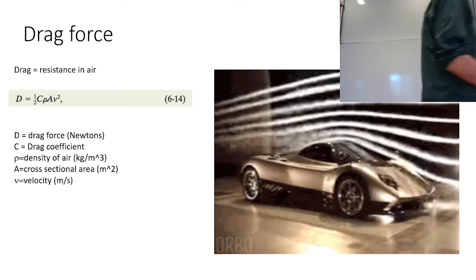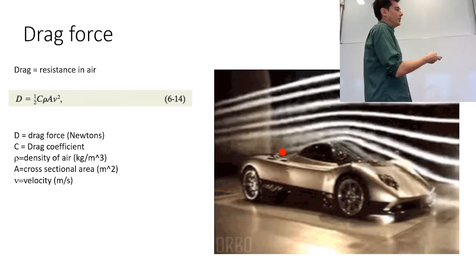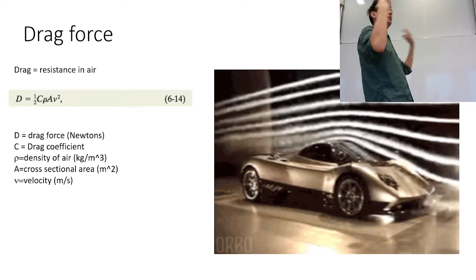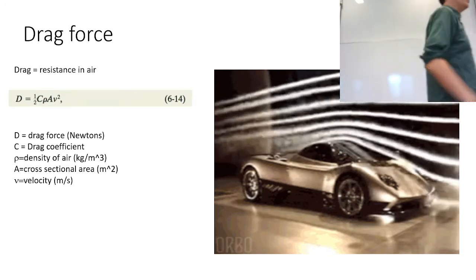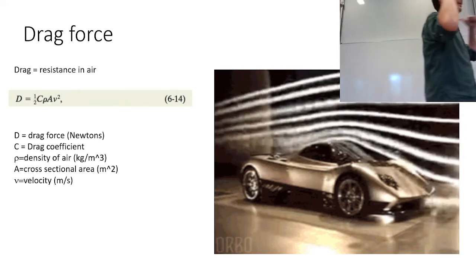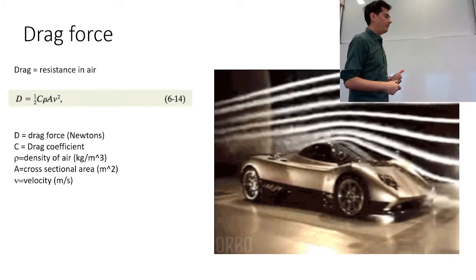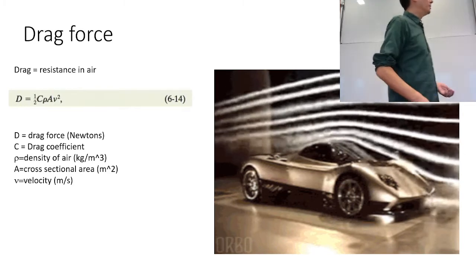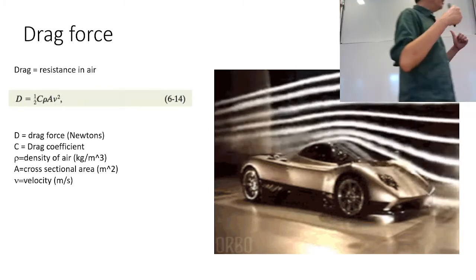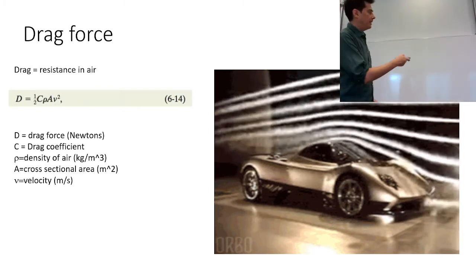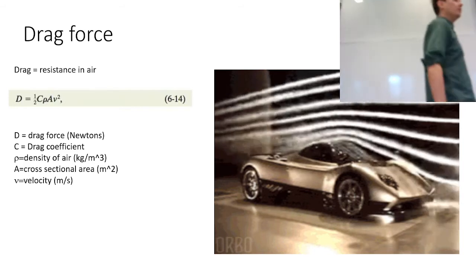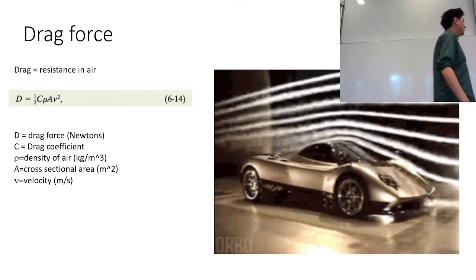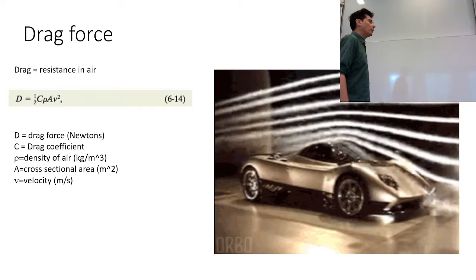In that case, the car will feel some force that is going to slow it down, right? It's trying to move through this fluid, and there's going to be a force backward trying to stop its movement forward. So that's basically what we're talking about. That's the drag force. It's an actual force, measured in newtons. We're calling it D here, but it's a force.